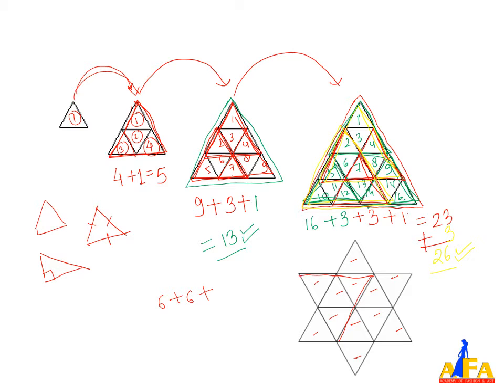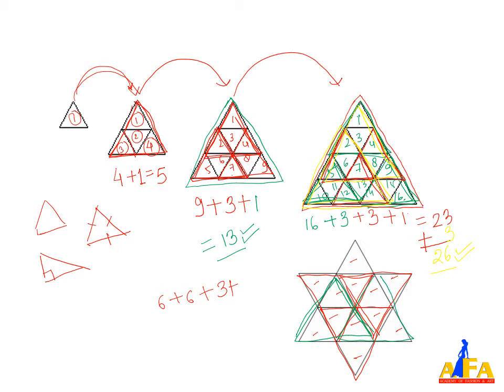Another, we can start counting triangles forming this. This will also form a triangle and this shape will also form triangles, plus 3. You can see this shape is also forming a triangle.